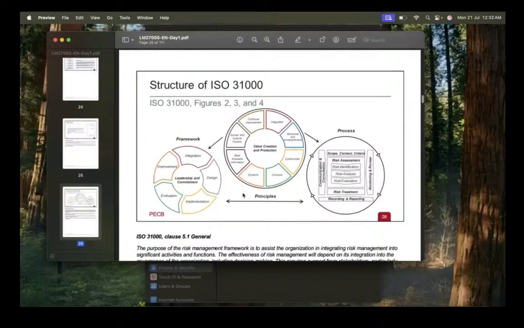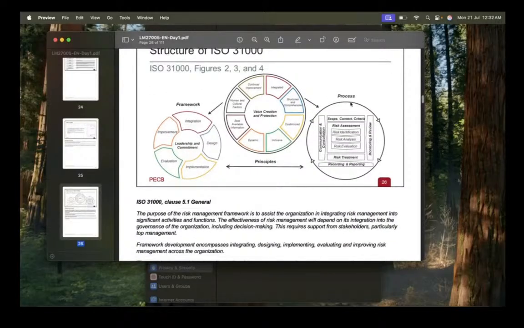Then there is this important figure, so let's take a look. How is the structure of ISO 31000? It consists of three important factors: the principles, the framework with leadership and commitment, and the process, how the process works.